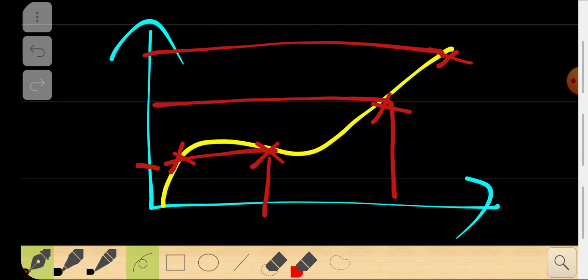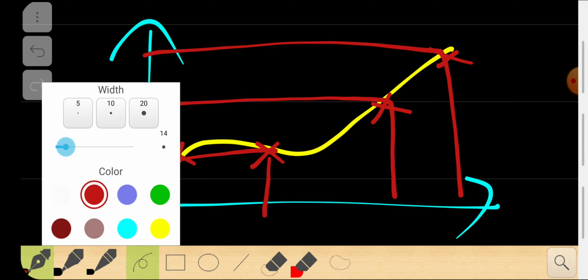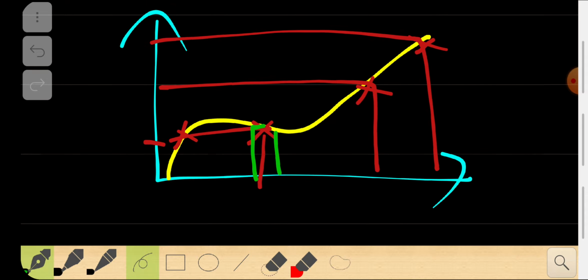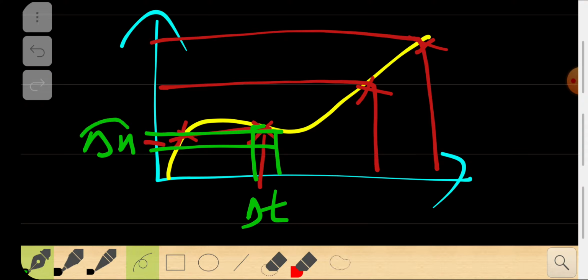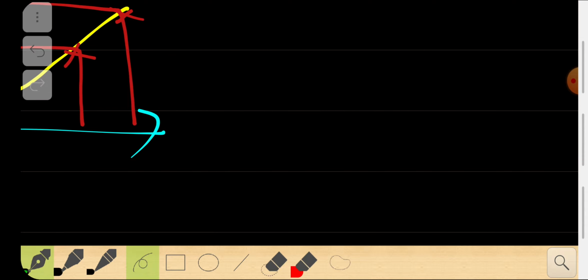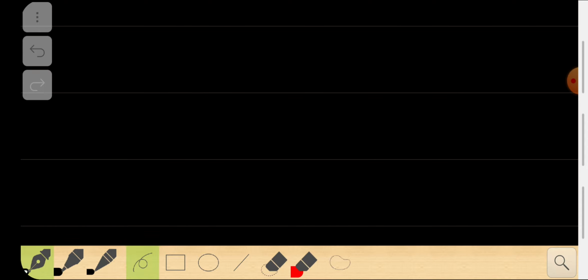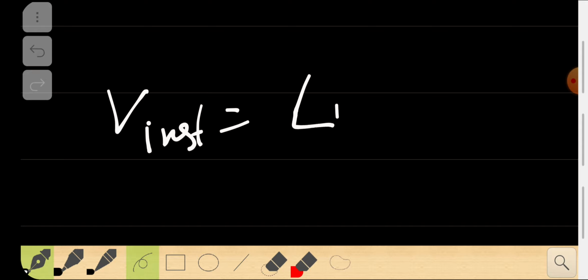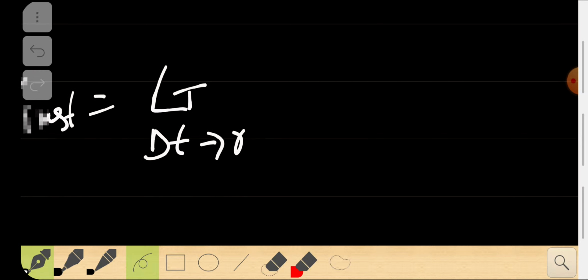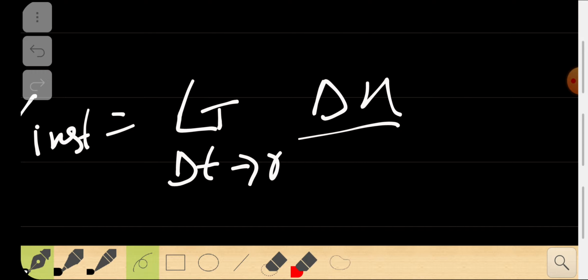If that's what you're interested in, then you have to narrow down the whole point to a smaller value of t, delta t, and to a smaller value of delta x. So you can write down the equation of instantaneous velocity as the limit delta t tends to 0, delta x by delta t, which is the instantaneous velocity at that point.